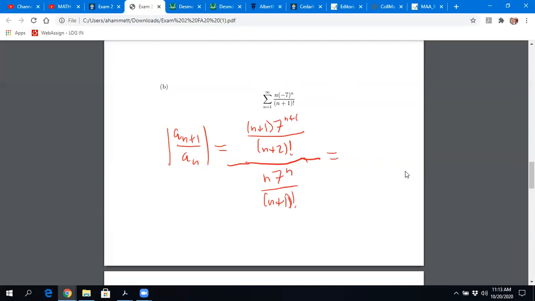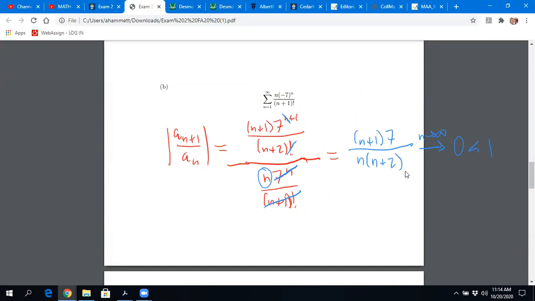And if you do some nice cancellations, let's see here. Let's cancel some stuff. So this (n+1) factorial cancels everything except the n+2, yes? And this 7 to the n completely goes away. And what's left is a single factor of 7. And overall, you end up with (n+1) times 7 over n times (n+2), which as n goes to infinity, what does this go to? It actually goes to 0, which is less than 1.